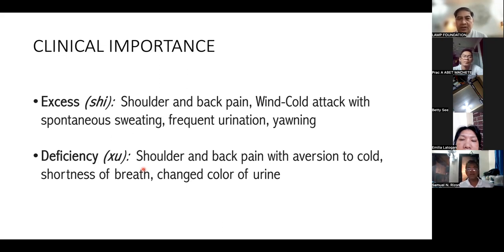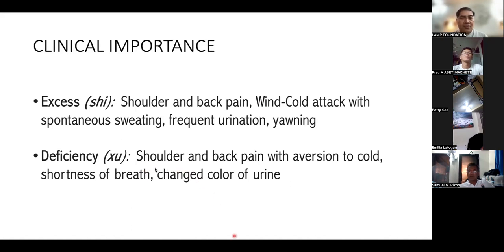There will be frequent urination and yawning. If it is a deficiency condition, there is also shoulder and back pain with aversion to cold, where no matter what you do the cold does not go away, shortness of breath, and changed color of urine.